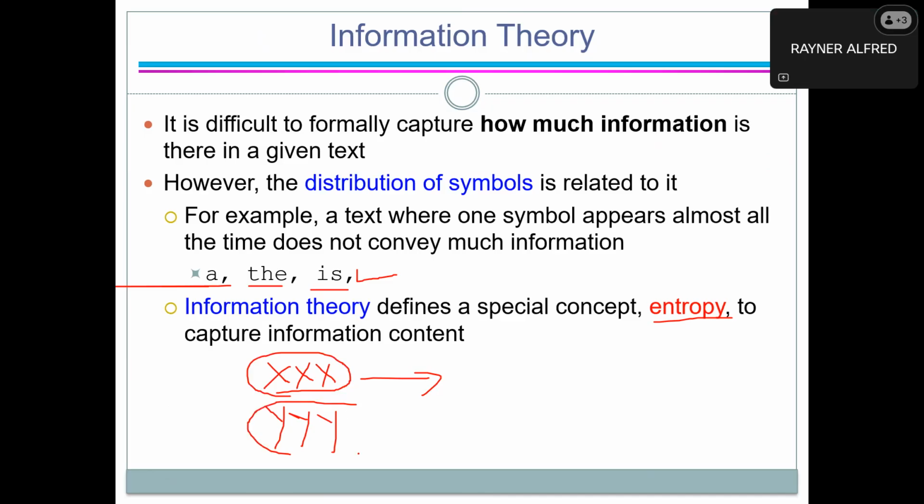But if this is very seldom, that means this one carries more information. So if this one appears many times in our document, that means this one has meaning, and the number of bits used to represent this is very low.